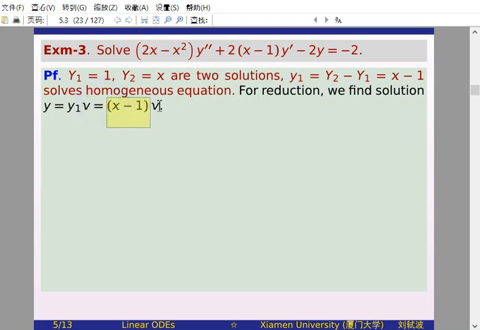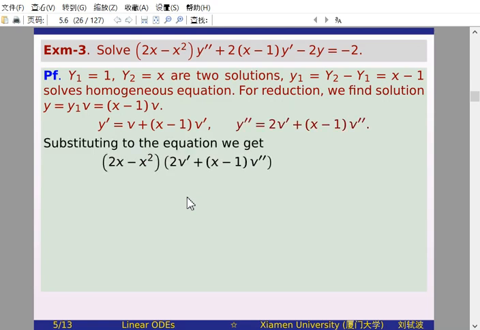Substituting such a function y equal to x minus 1 times v into the equation, we need to compute the derivatives of y. So the first order derivative of y is this: y prime is v plus x minus 1 times v prime. And y double prime is also computed. Okay, so we substitute all this into the equation.